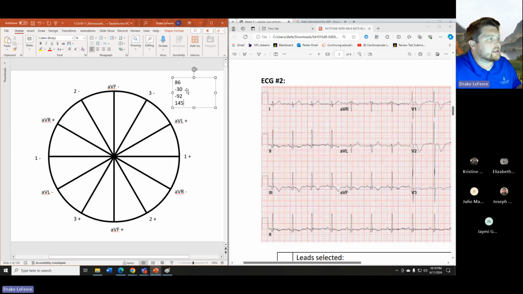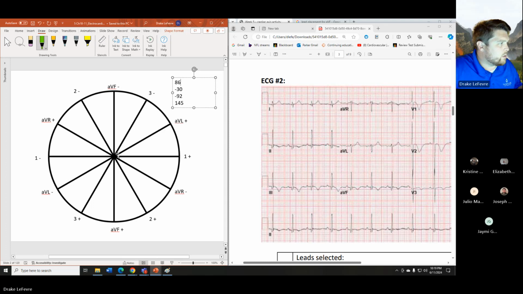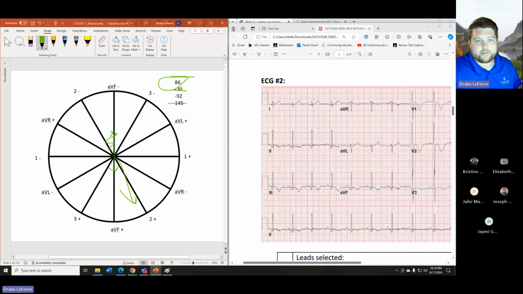Okay, we look at our answer choices. Lead 1, biphasic. We're either here or here because that's perfectly biphasic. Immediately, there's no way it's negative 130. No way it's negative. It's positive 145. Lead 2 is positive. That's this direction. That gets rid of that. Answer is 86.